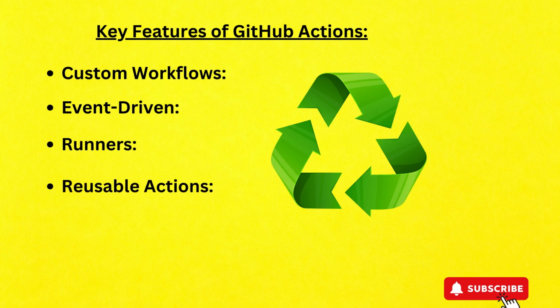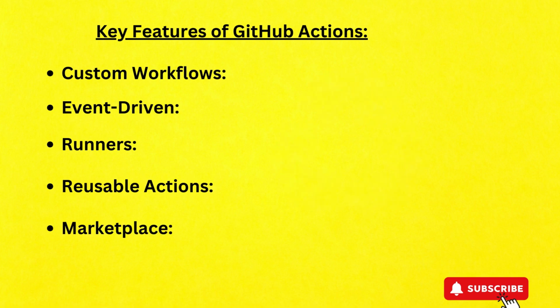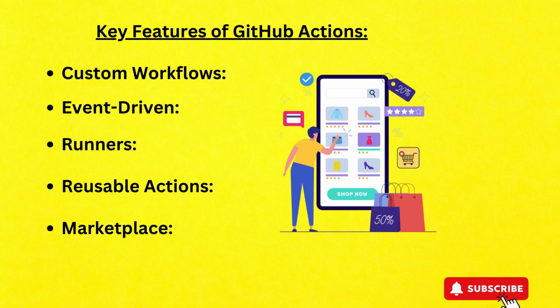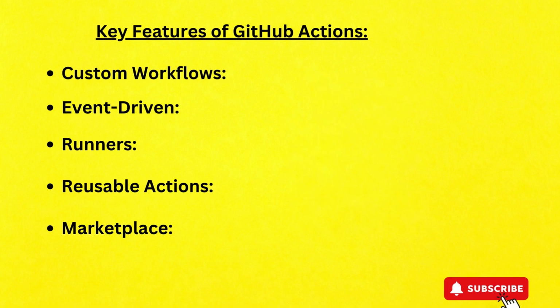GitHub provides a lot of pre-built workflows like deployment, continuous integration, deploying to cloud providers, sending notifications, automating releases, etc. So GitHub Actions simplifies the process of setting up workflows with minimal configuration, helping teams to deliver software faster and more efficiently.